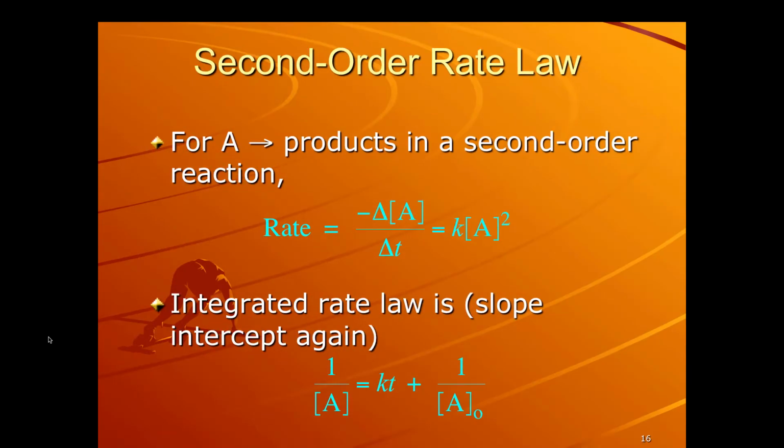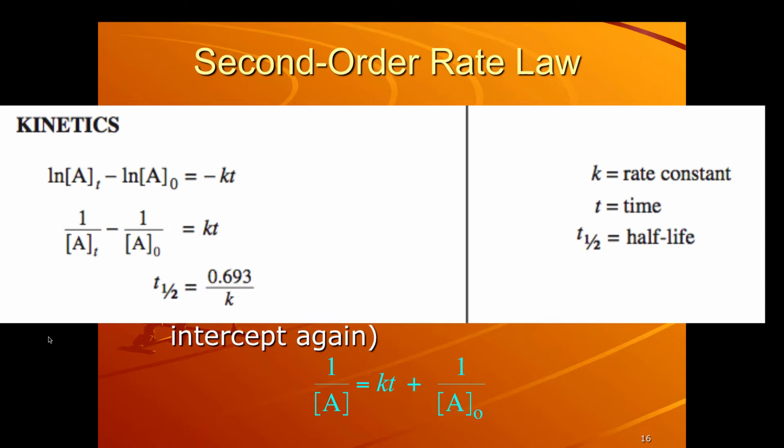We also have a second order integrated rate law. Look on your equation sheet again. You will notice that this is the second equation on the sheet. That's how you know which one's first and which one's second. Notice that it's different from before, that I have rearranged mine to look like slope-intercept form.